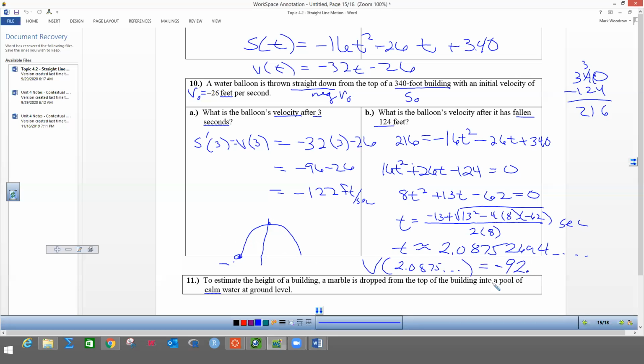You can put more in there if you wish. Negative 92.801 feet per second. So that would be the velocity. You'd write down: after the balloon has fallen 124 feet, the balloon's velocity will be approximately negative 92.801 feet per second.